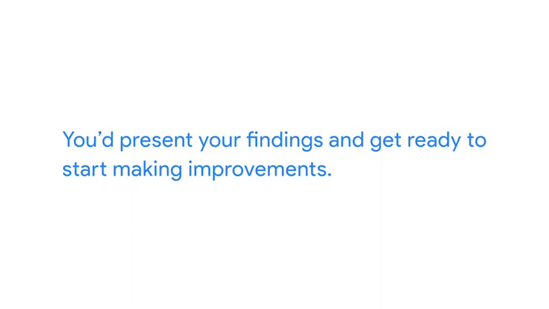From your data, you'll have a strong understanding of causes and solutions to get to the next stage, improve. Oftentimes, project managers may want to leap straight to this phase, but really, projects and process improvements should only be made after a careful analysis. This is the point where you present your findings and get ready to start making improvements. In our example, this could be modifying staffing to address customer needs.